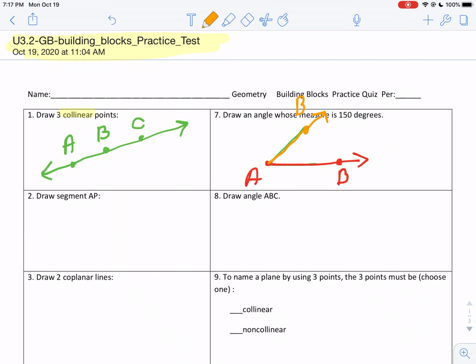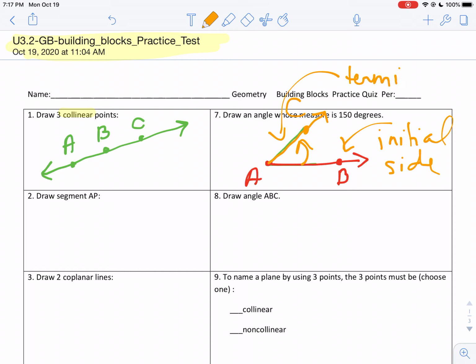So here you have an angle which is made by ray AB and ray AC. So the angle is formed when we do that, okay? This is called the initial side. And AC is called the terminal side.